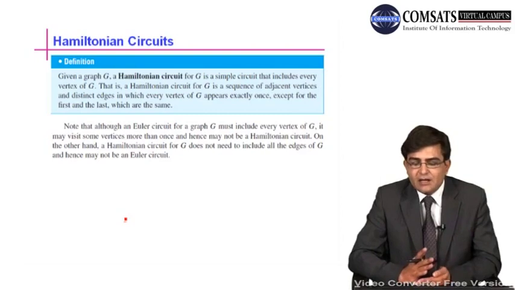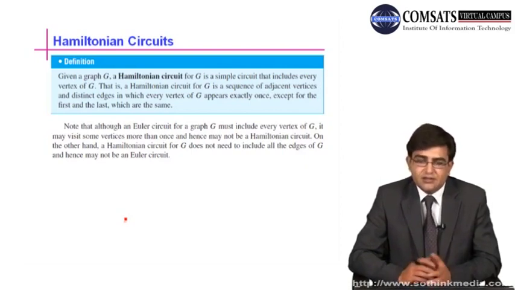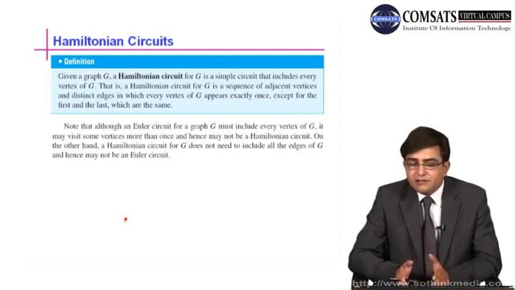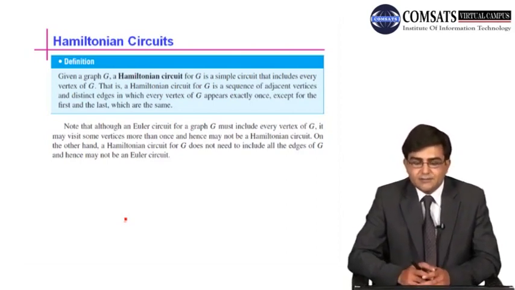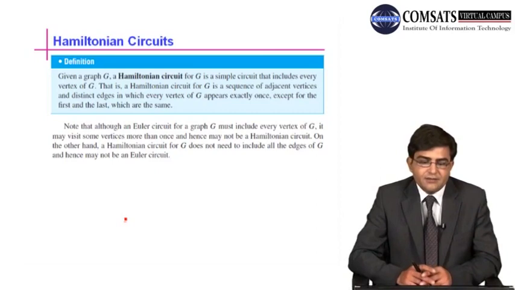Edges will not be repeated, but it is not necessary that this circuit includes all the edges. So there may be fewer edges of the graph used in the Hamiltonian circuits. So what is basically the difference between Hamiltonian and Euler circuits?